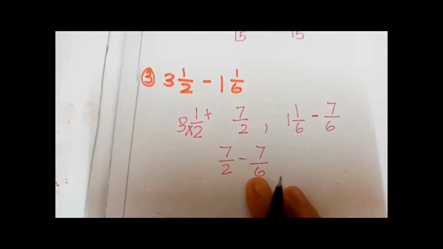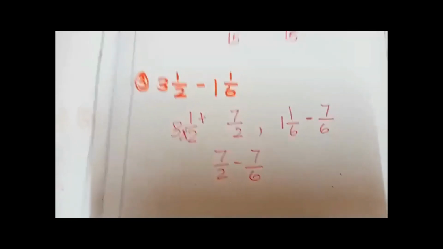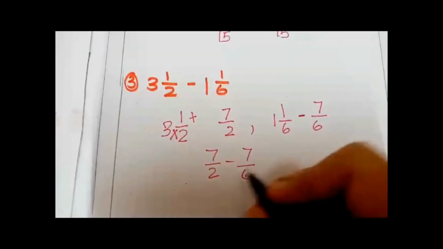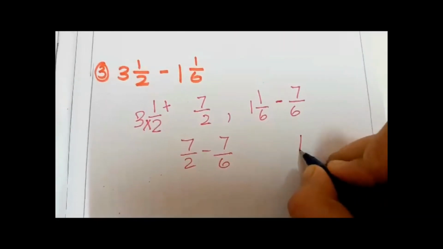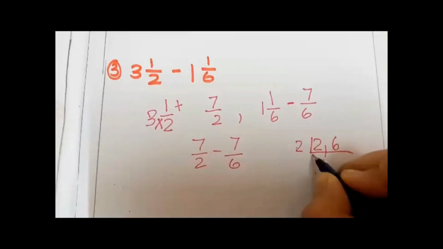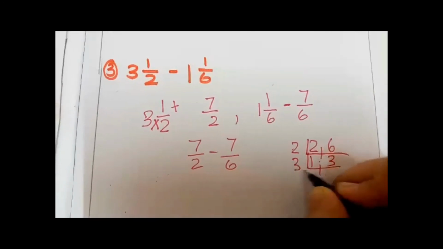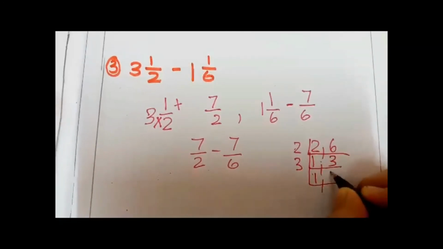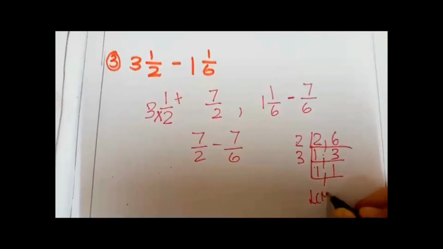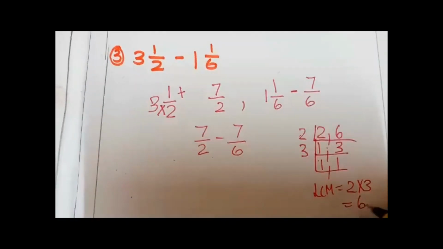So we have to take out a common number here and convert both the fractions to that number, so it becomes a like fraction. So the LCM of 2 and 6: 2, we'll get 1, 2 1s are 2 and 2 3s are 6. 3, 1 and 1. So the LCM is equal to 2 into 3, which is equal to 6.